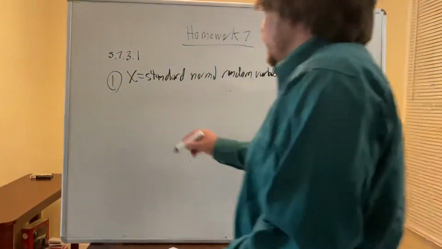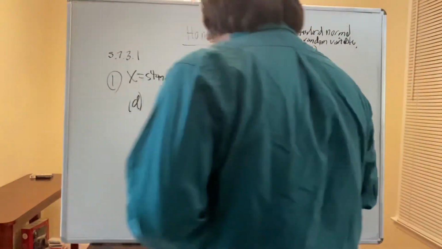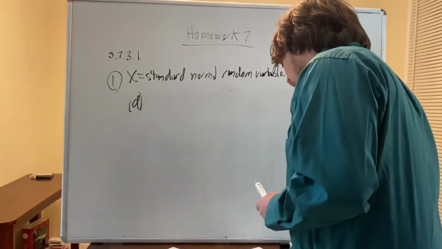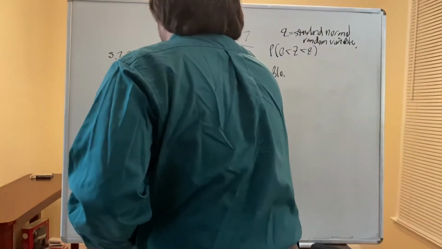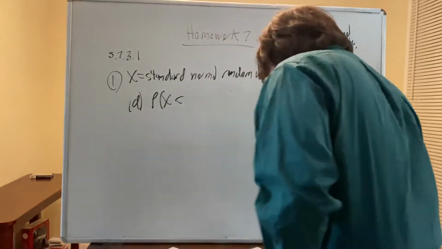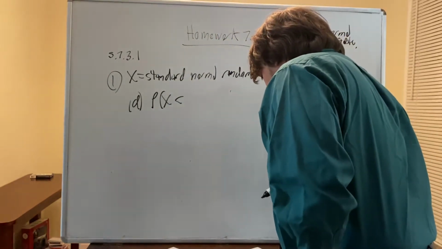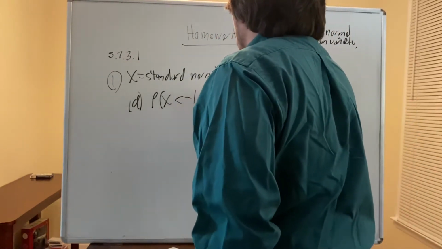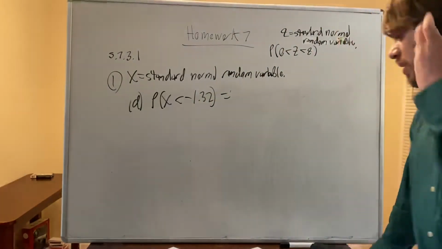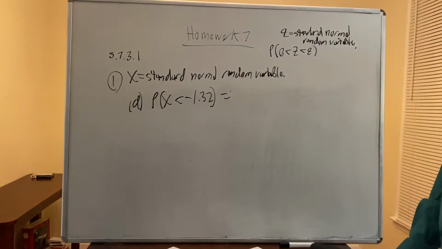And then part D, the probability that x is less than negative 1.32.